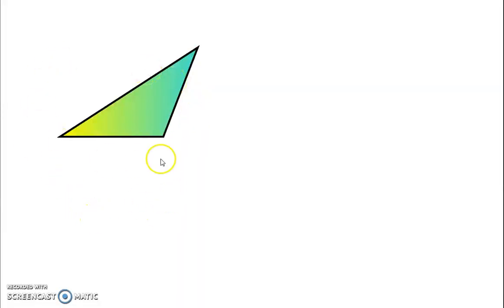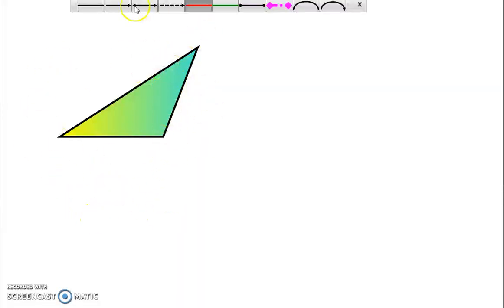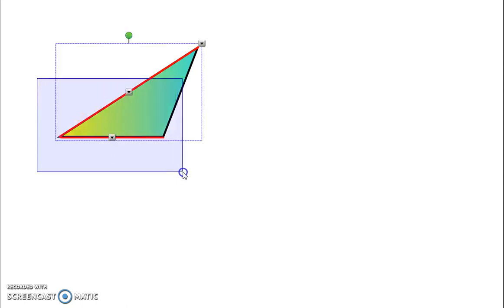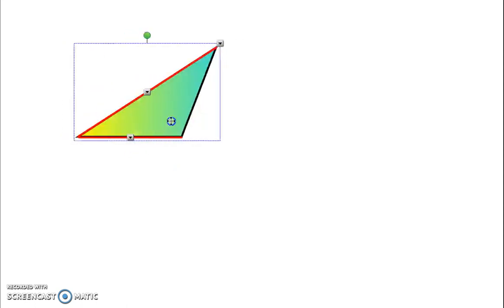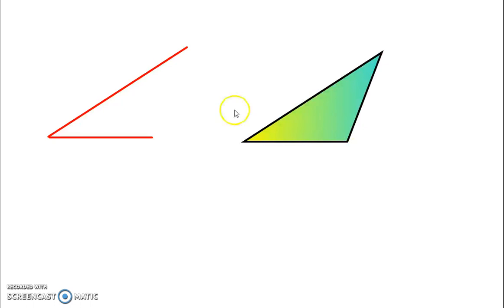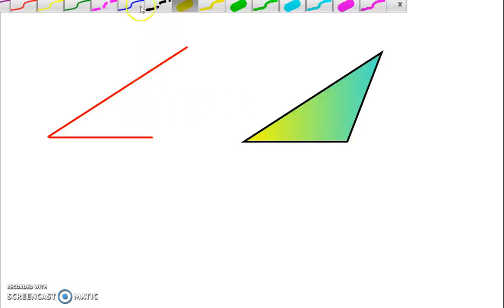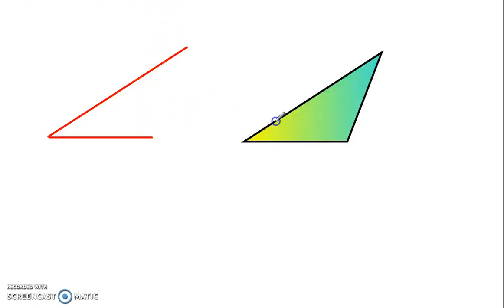Alright, so if you have a triangle like this, and you know that this side as well as this side are the same in a second triangle. So I have another triangle with that same, and notice that the angle between them is the same.